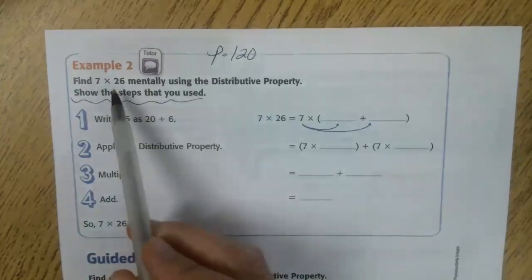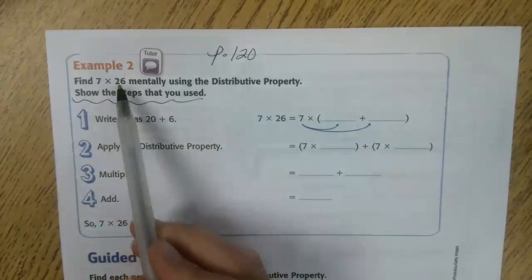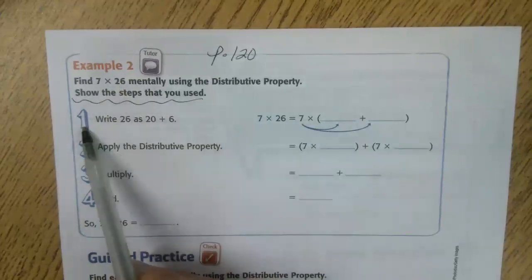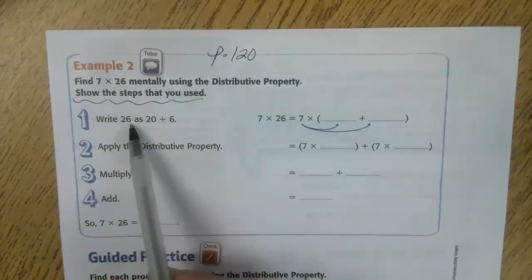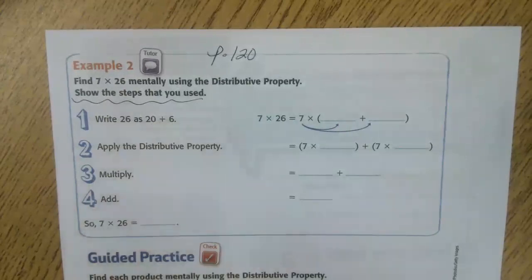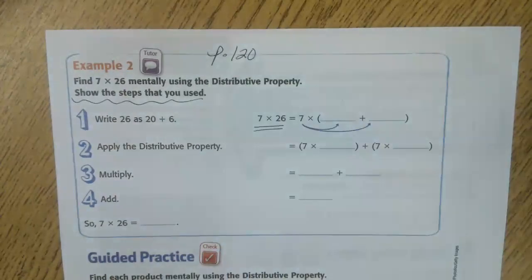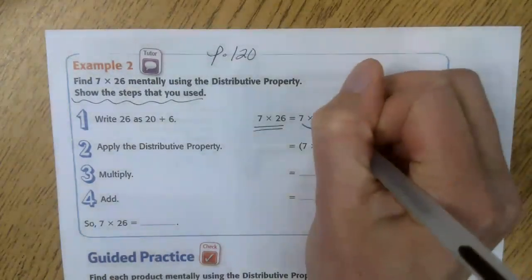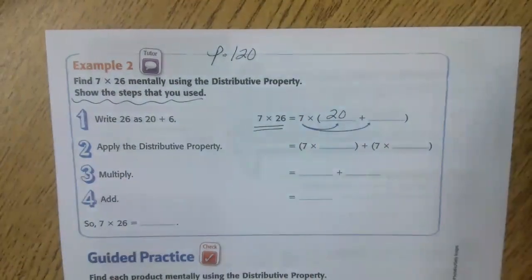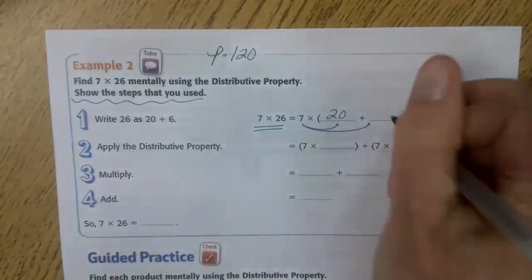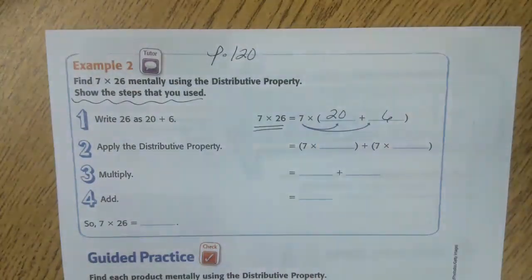All right, so in order to do 7 times 26, we are going to write, step 1, we are going to write 26 as 20 plus 6. So our original problem, 7 times 26, it's going to be 7 times 20, that's the first part, plus 7 times 6.